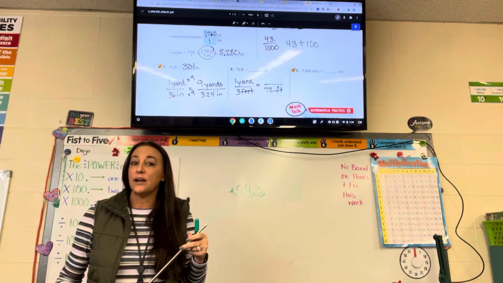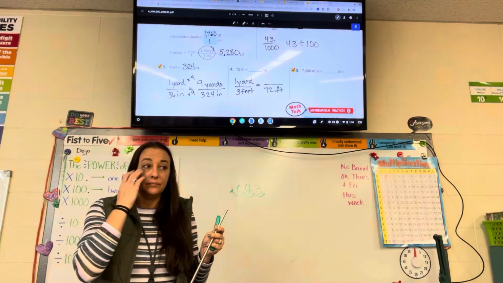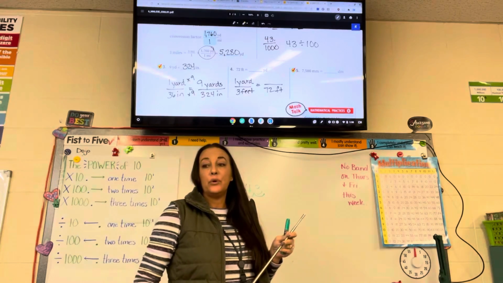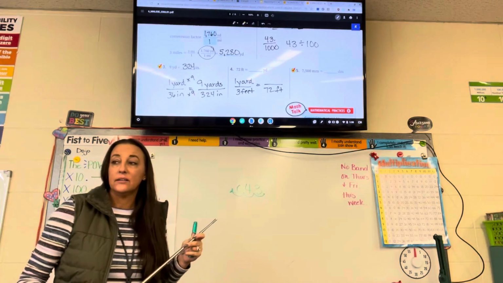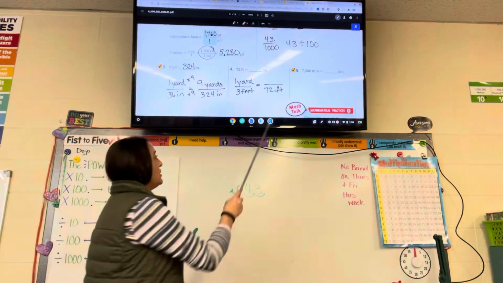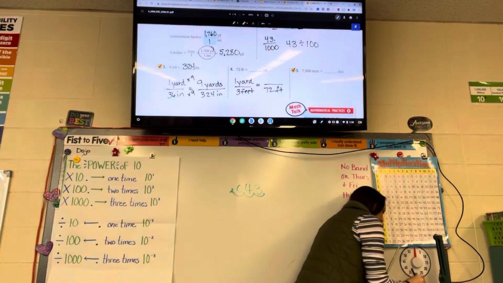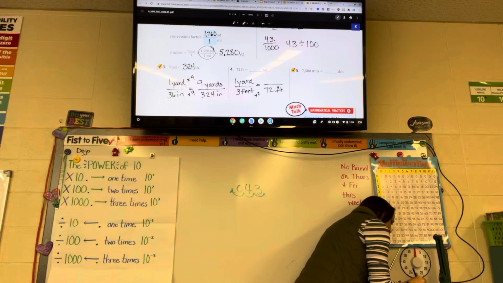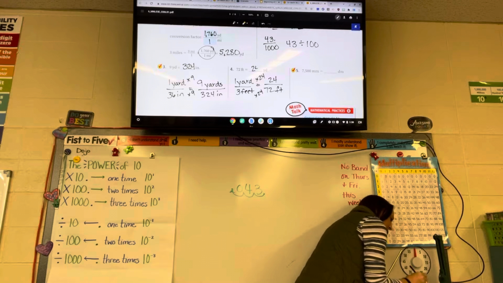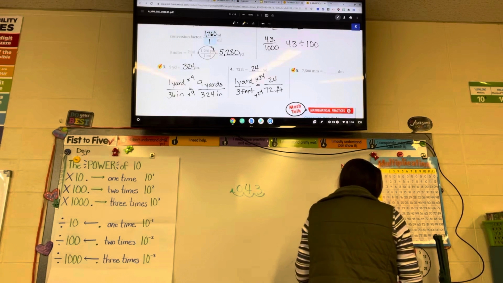If you're not sure, how could you find out? Our calculator. And put what into your calculator? 72 divided by 3, and that will give you 24. And that's what we're going to multiply by. 1 times 24 is 24. So 72 feet equals 24 yards.